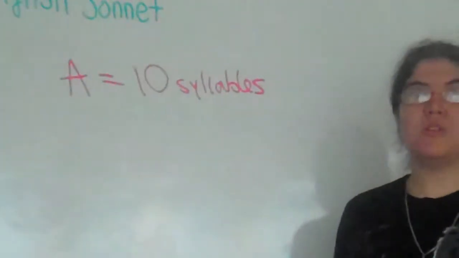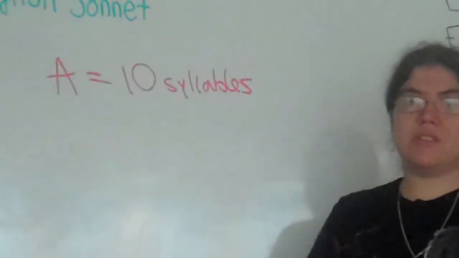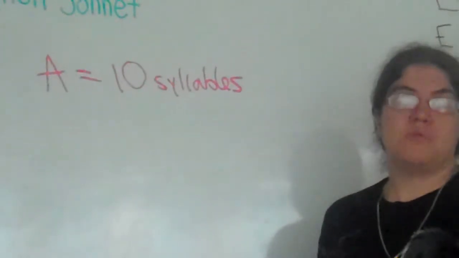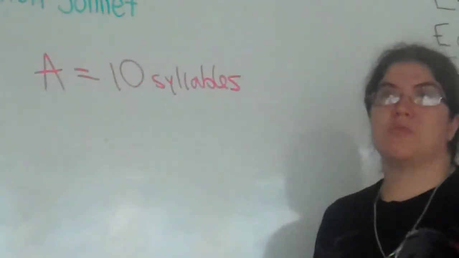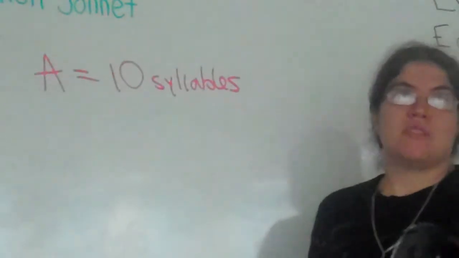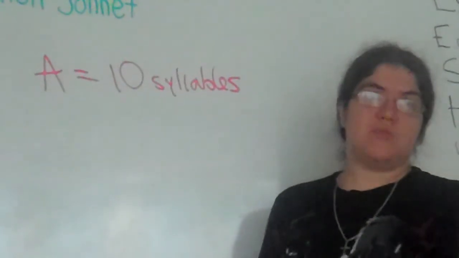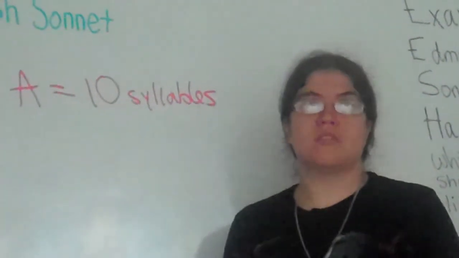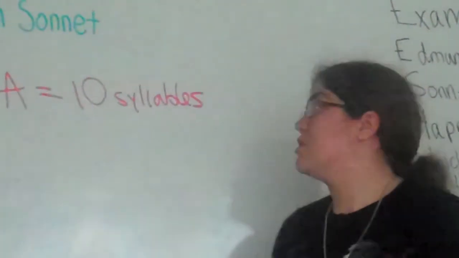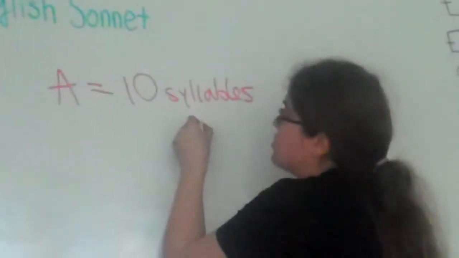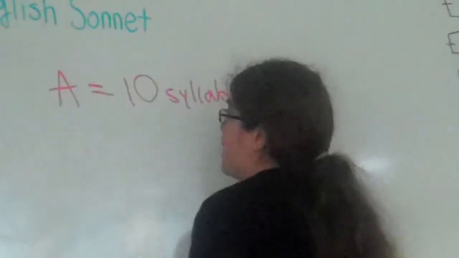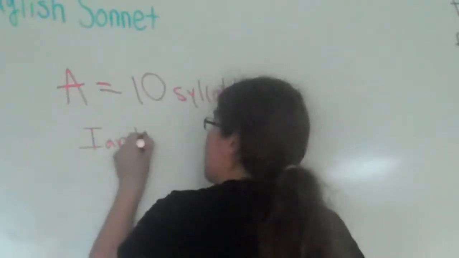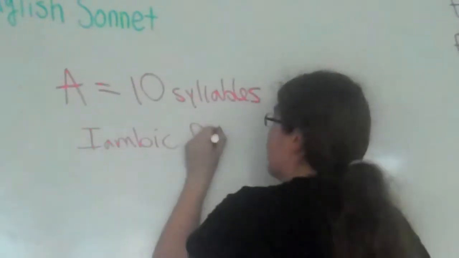And a foot is a stressed with an unstressed within a word or 2 words. So basically, if you're saying the cat, the is the unstressed one, and cat is the stressed one. So you'd be like, the cat. This one has a little bit more emphasis on it than the other. So you need 10 syllables in each line when you're doing that, and that's called iambic pentameter.